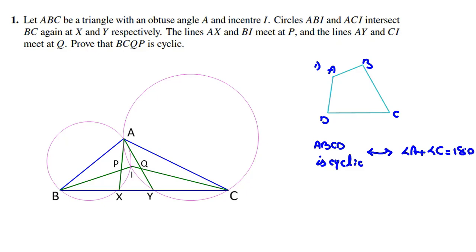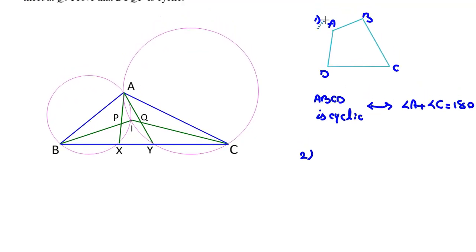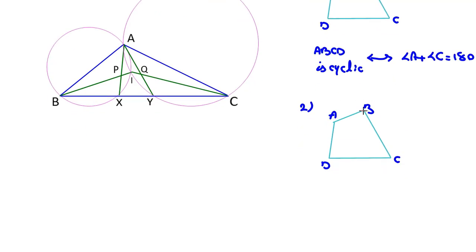The second rule: if we connect this, A1 equals B1 if and only if ABCD is cyclic. It means the angles that see the same side are equal.